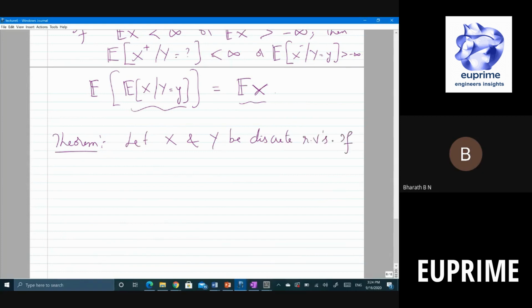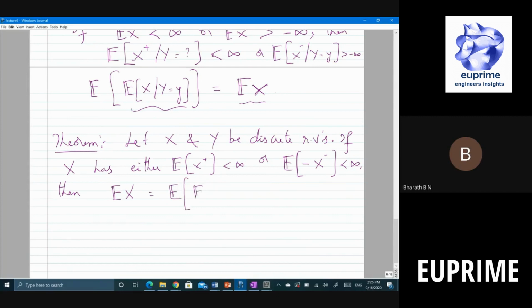If x has both non-negative and negative values, if x has either expected value of x plus less than infinity or, I'll just write it in a slightly different fashion, expected value of minus of x minus is less than infinity, then expected value of x is equal to expected value of x given y equal to y. That means the total expectation law holds good.